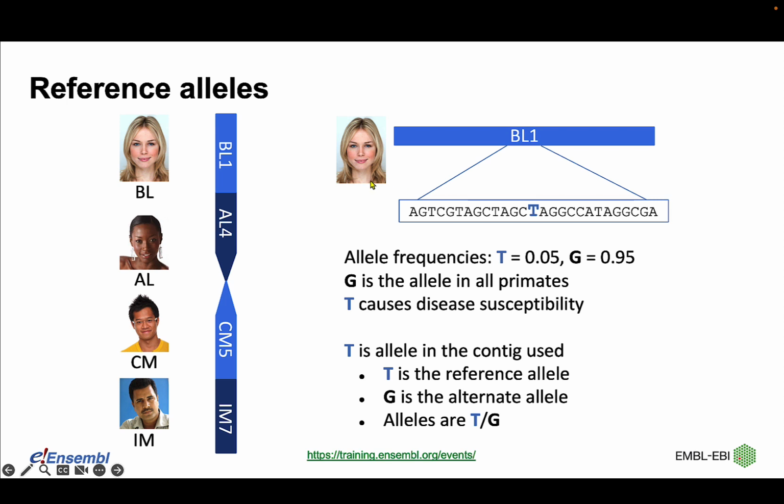This individual who's carrying the T allele might, for example, actually be susceptible to a particular disease. So when we talk about reference alleles, they aren't always the major allele or the allele found most frequently in a population. But most of the time, the reference allele is the major allele. It's just something to keep in mind.